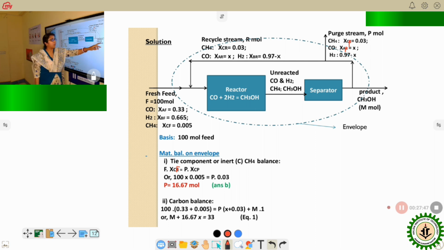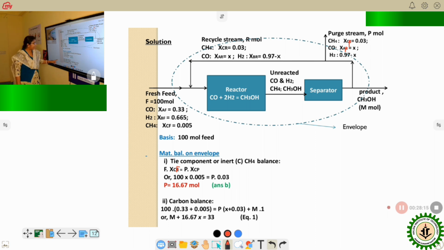Plus M moles is the total product. In M moles of methanol, in 1 mole of methanol we get 1 mole of carbon, so the total carbon present in M moles of methanol is M into 1.